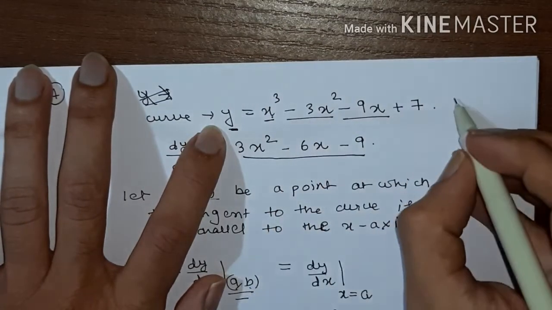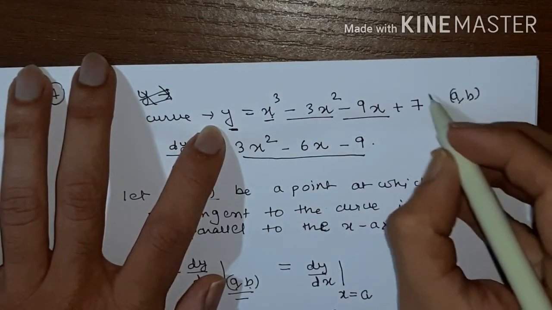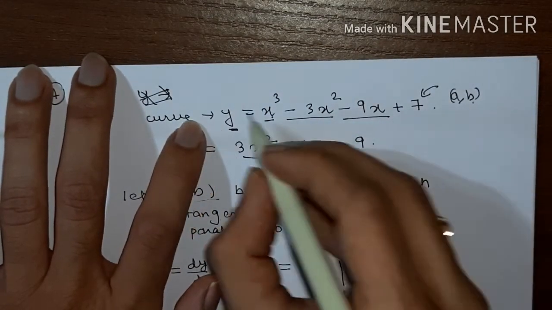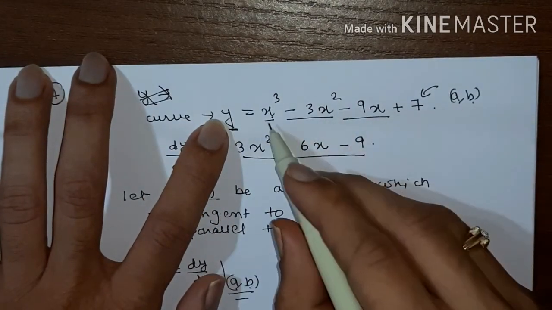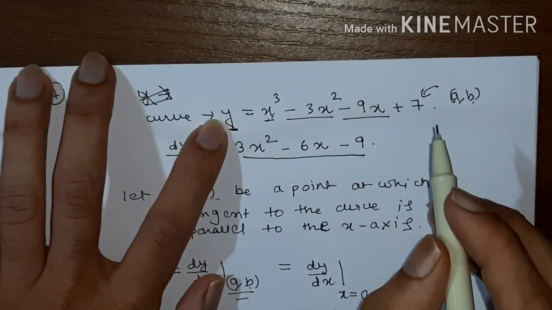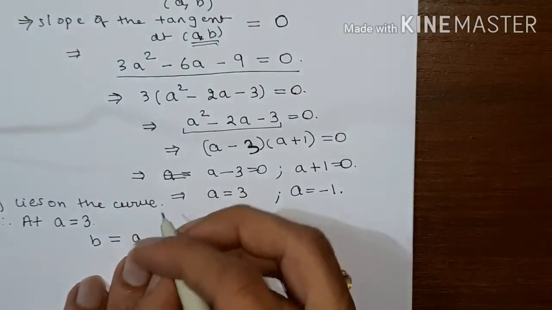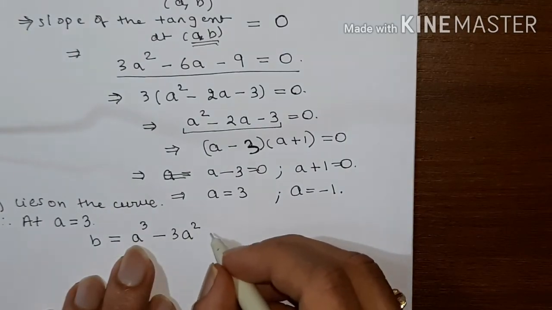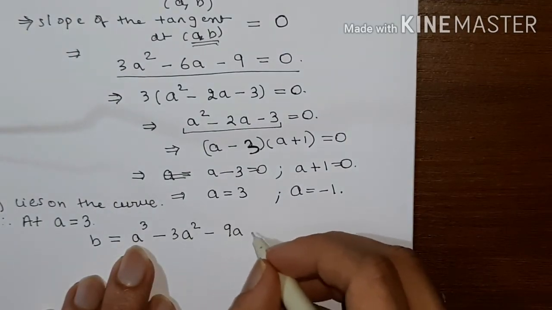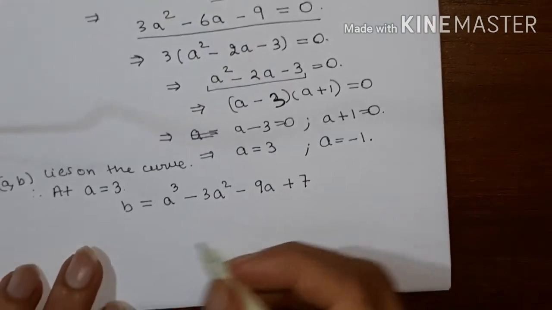Since point a comma b lies on this curve, b should be equal to y, and x should be equal to a. So what we will get is b equal to a cube minus 3a square minus 9a plus 7.